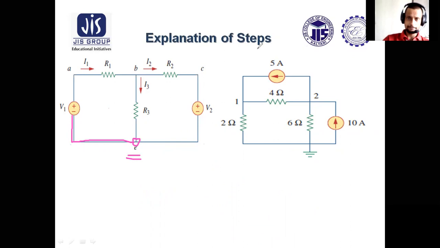So if you want to measure voltage at this node, the voltage should be measured with respect to ground potential. So you must connect a multimeter or a voltmeter between these two.